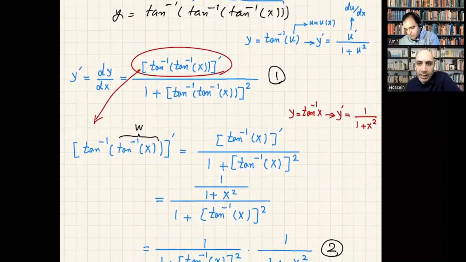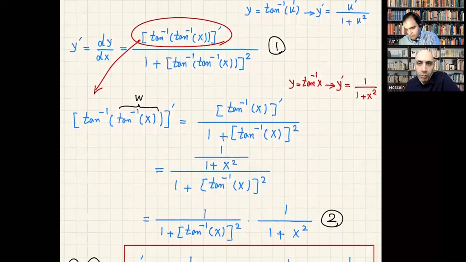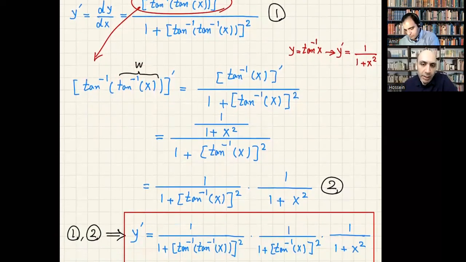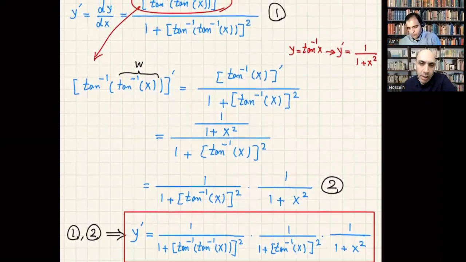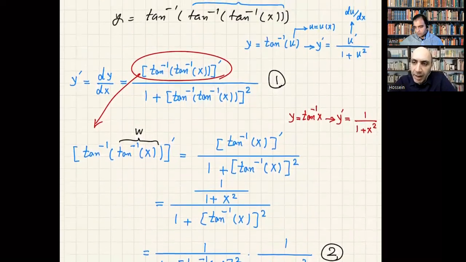Then you used that equation one more time to find the derivative of the interior function, which you called w, combined all those equations, and got the final answer. I think we may need to do another video solving this problem without this technique, for viewers who are not familiar with change of variable.